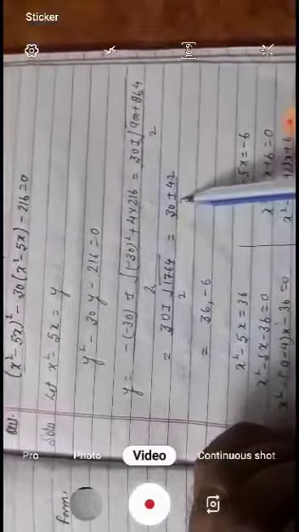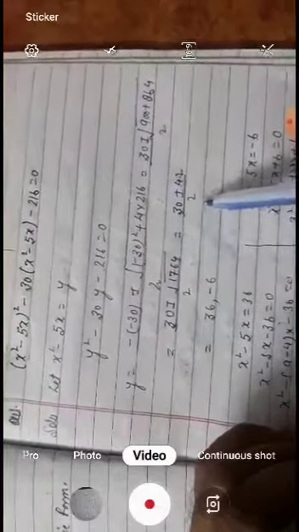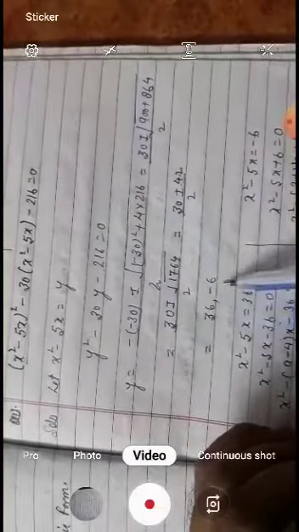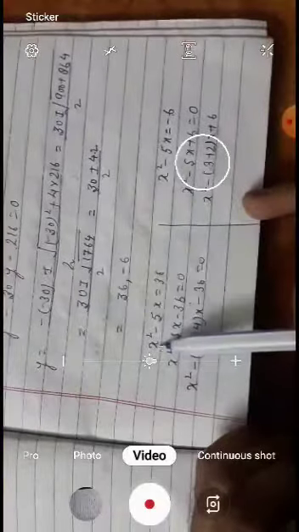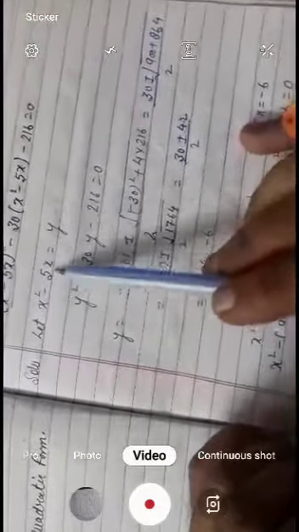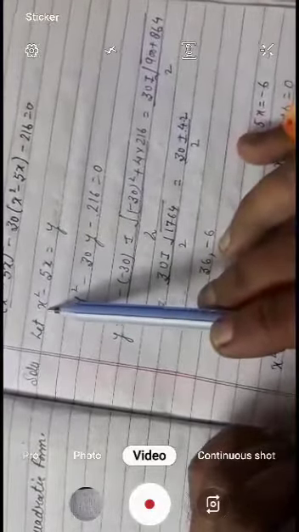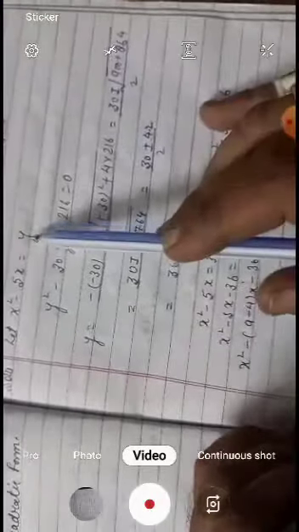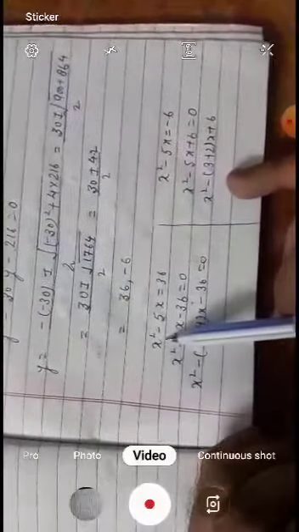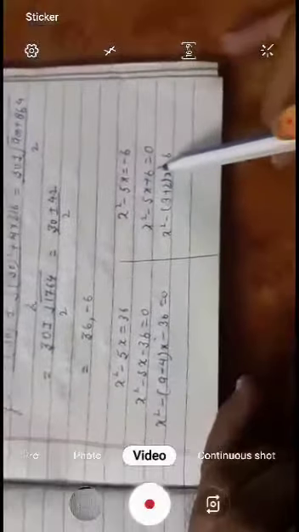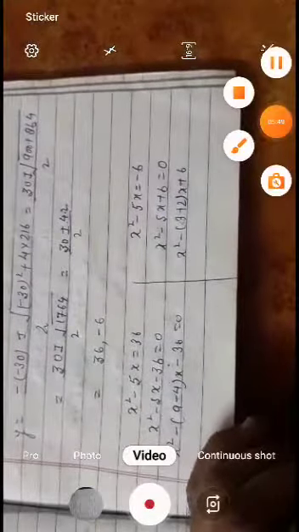Find the roots, and after dividing by 2 we get y = 36 and −6. Then putting 36 in place of y, where x² − 5 = y, we put the value 36 in place of y, then find the values of x for both numbers we get.